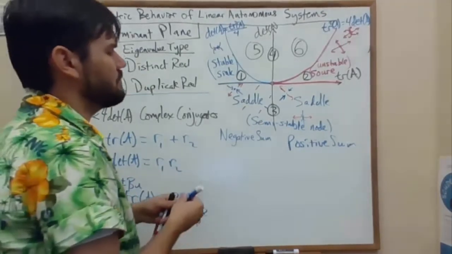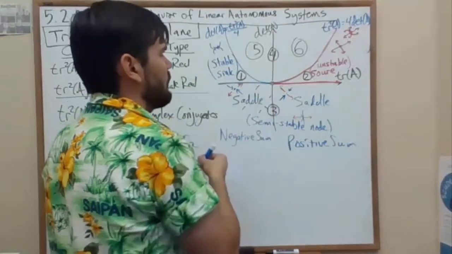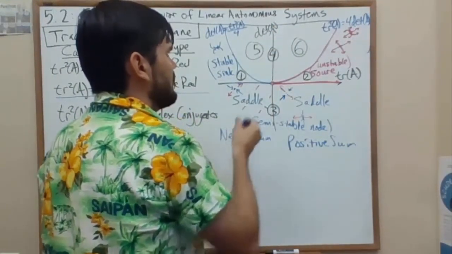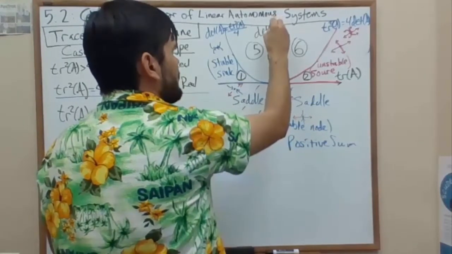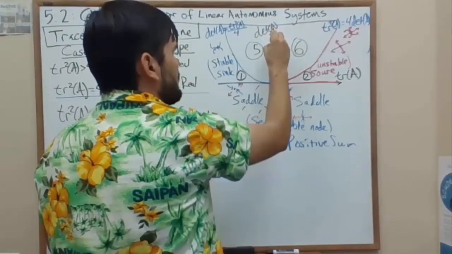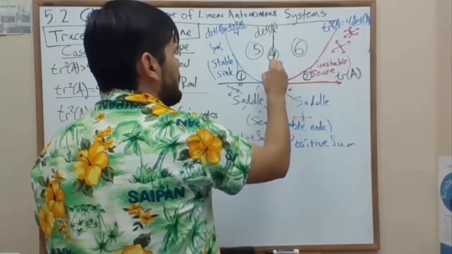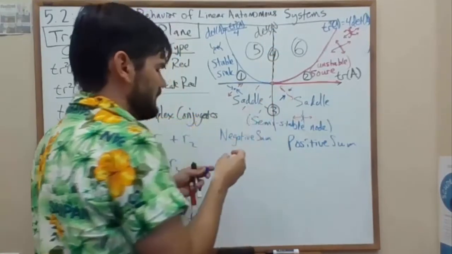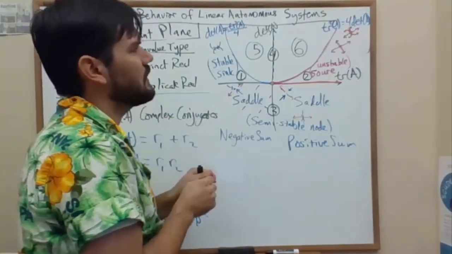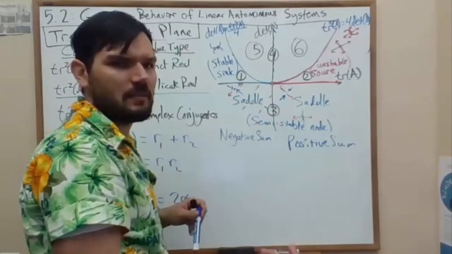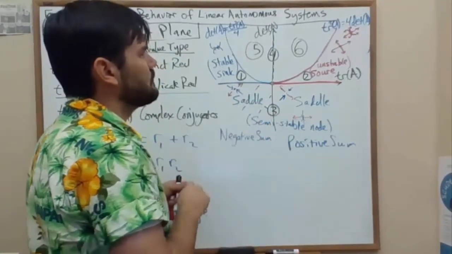So we describe this middle area as a stable region, but it is very close to being unstable. It's not quite like a saddle where it's semi-stable, it's actually stable.